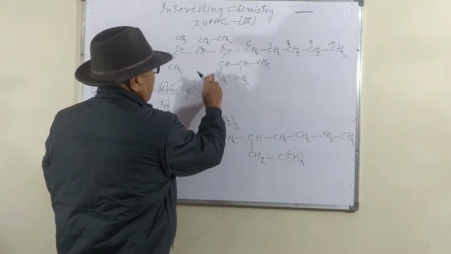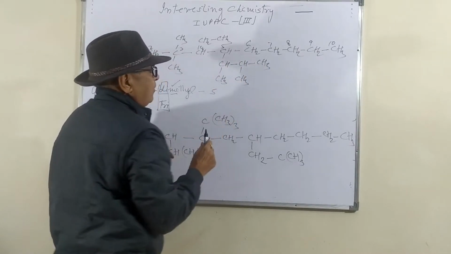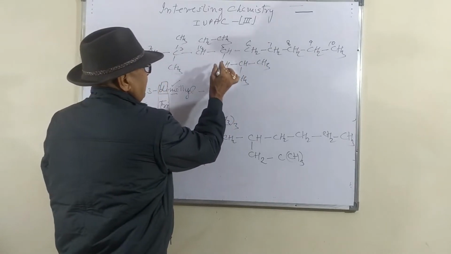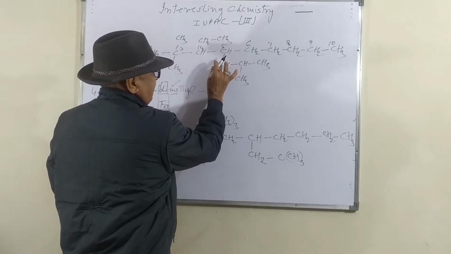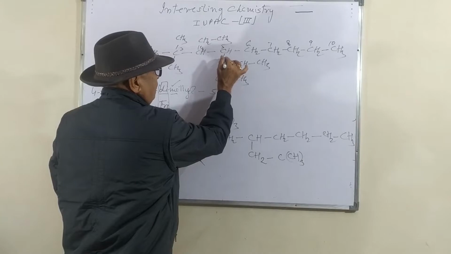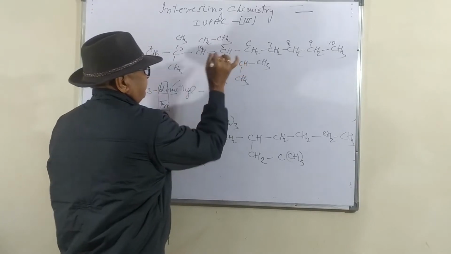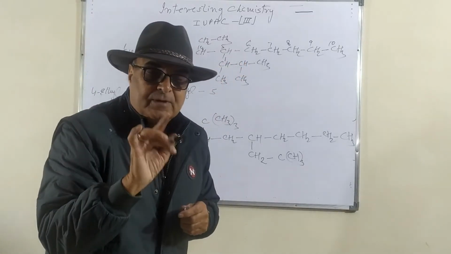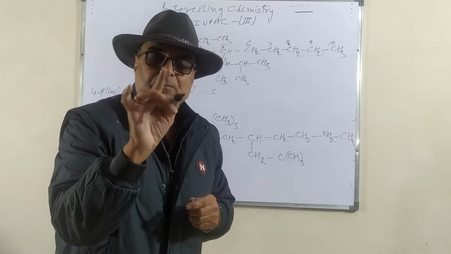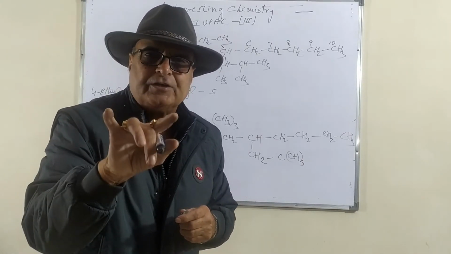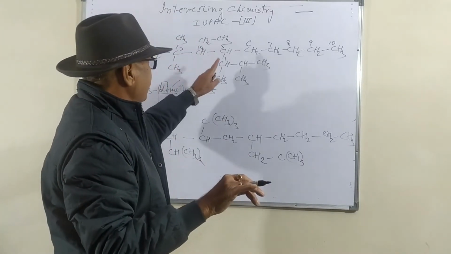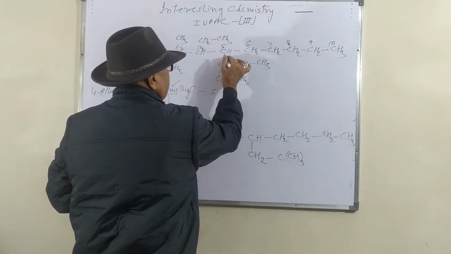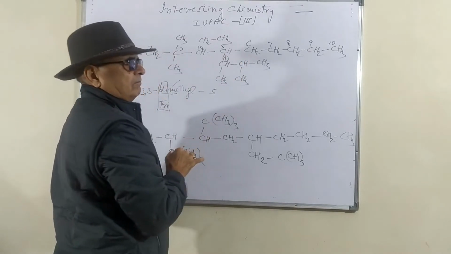Here 1, 2, 3, 4, no. The carbon that is bonded with the chain, that carbon must always be given number 1.